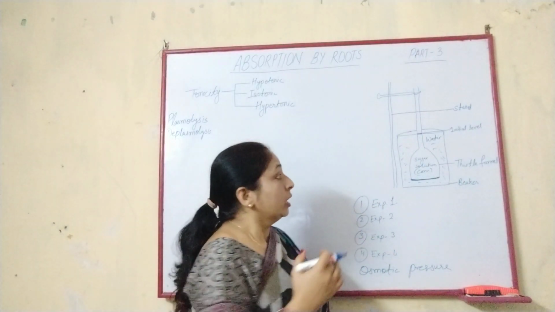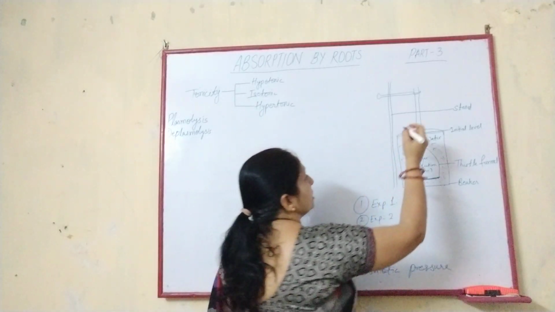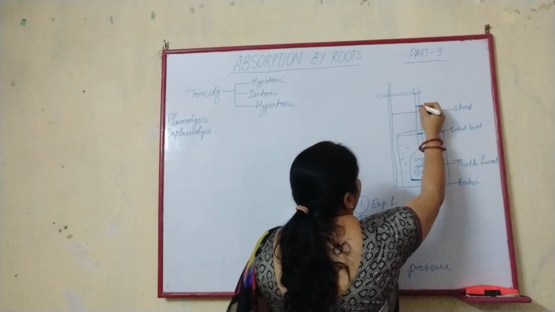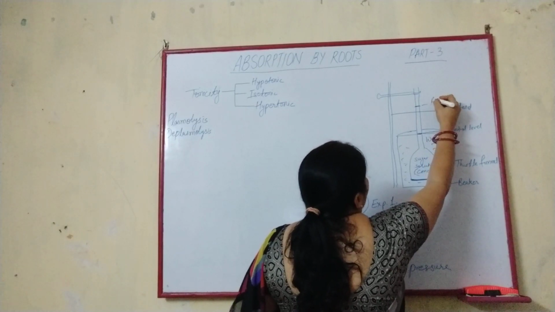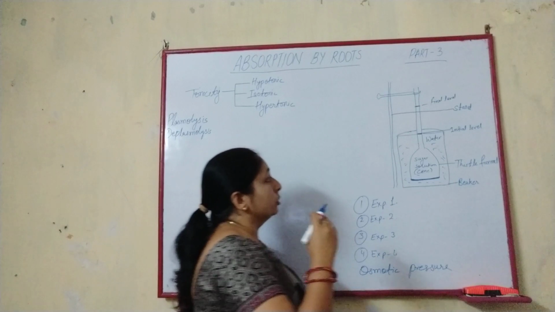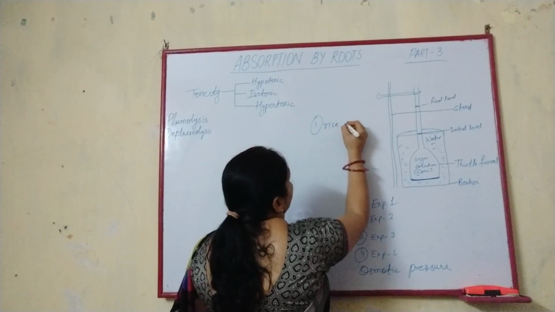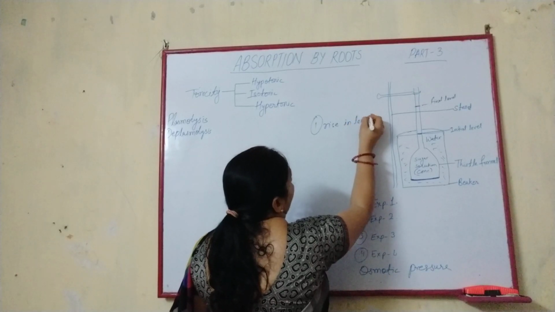After some time, what we will observe in this experimental setup is a rise in the level of sugar solution. This is the final level. So the first observation is the rise in the level of sugar solution.